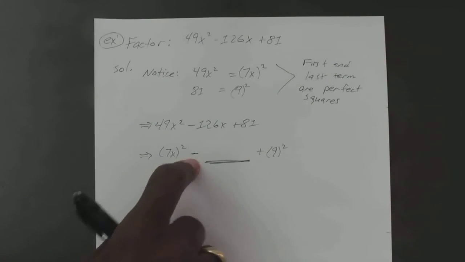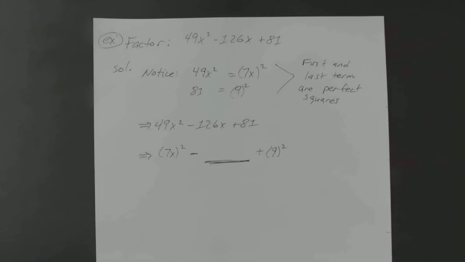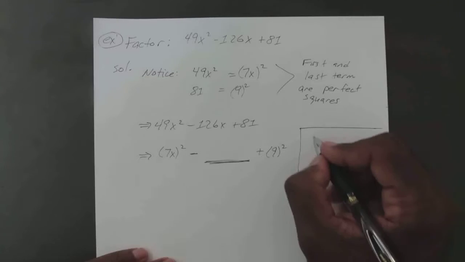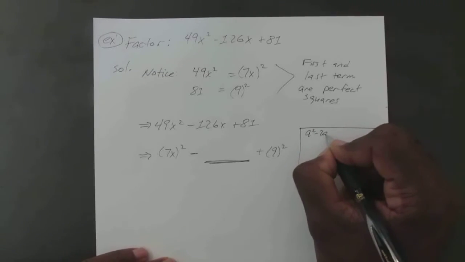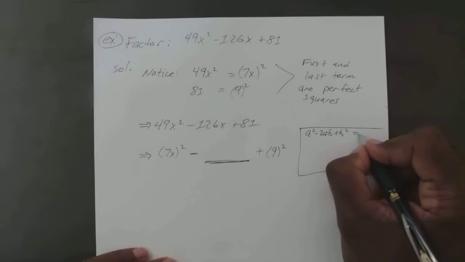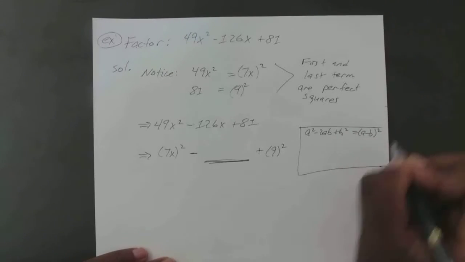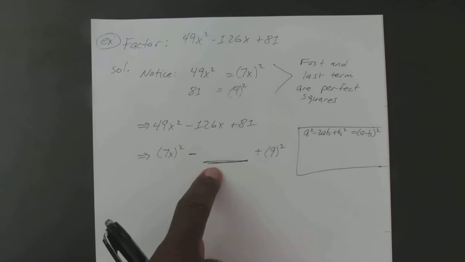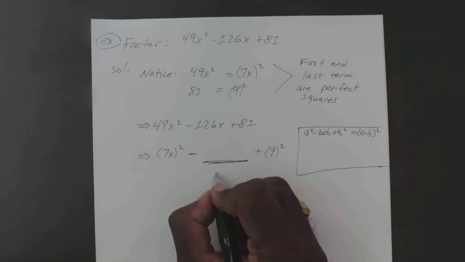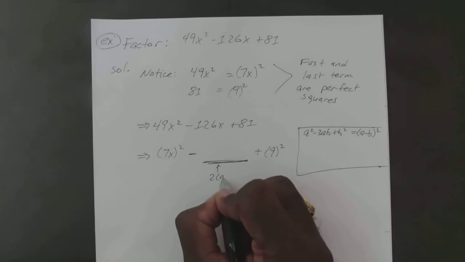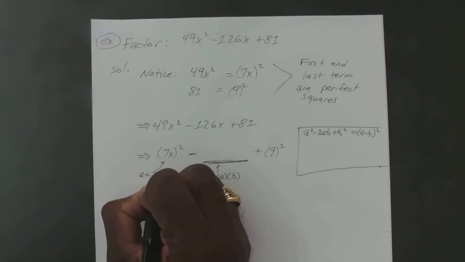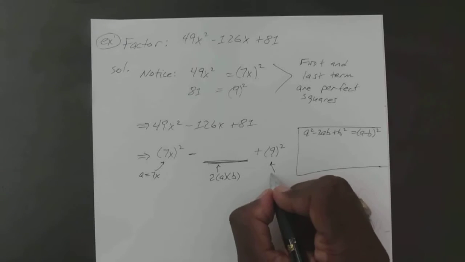So that minus sign let us know that we're going to use the a squared minus 2ab plus b squared formula, which is a minus b squared. Okay, so that means this middle term has to equal 2 times a times b if your a is 7x, and if your b is equal to 9.